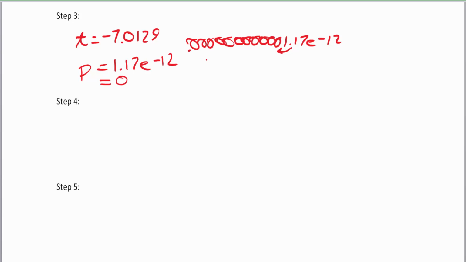So your probability of landing in this little zone way over here, where you have to plant your flag at negative 7.0129 standard deviations away from 0, is 0.00000000117, which is close to 0.